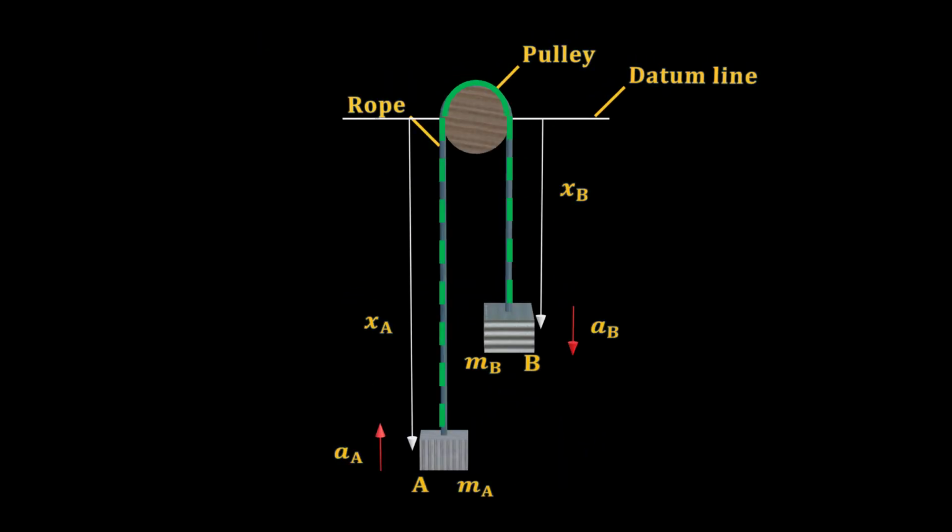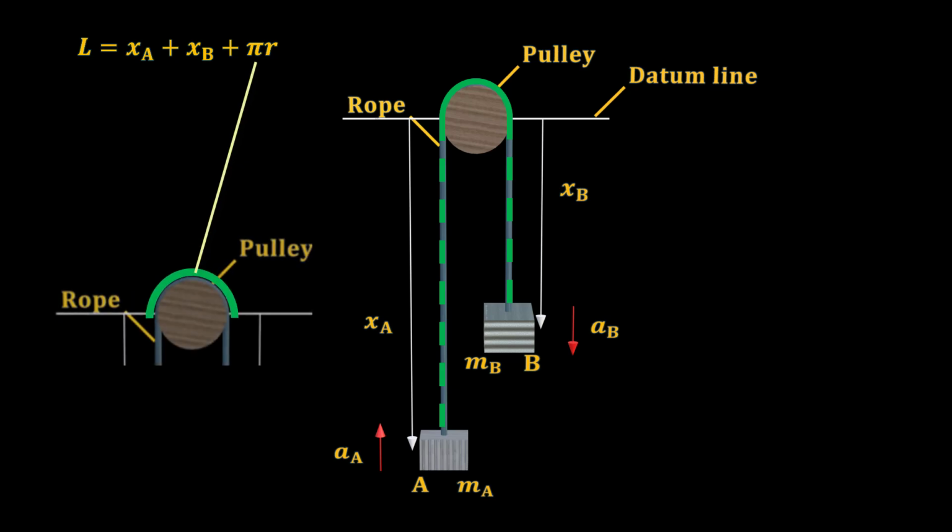The total length of the rope is L, which is equal to XA plus XB plus pi R, where R is the radius of the pulley. Pi R is the length of the rope that passes over the pulley. Since this part is a semicircle, the length of the rope over the pulley is equal to the circumference of a circle divided by 2, which is 2 pi R over 2, giving you pi R.